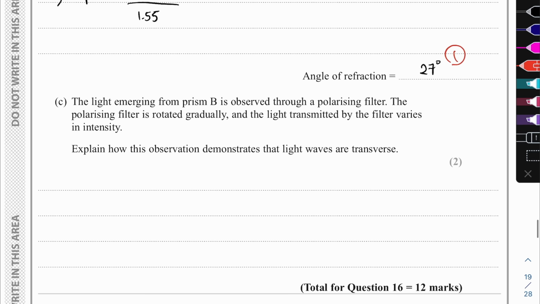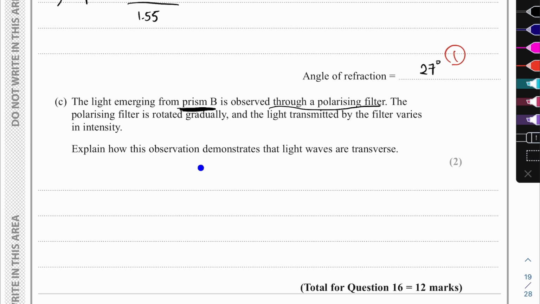Next, part C says what? The light emerging from prism B is observed through a polarizing filter. The polarizing filter is rotated gradually. The light transmitted by the filter varies in intensity.